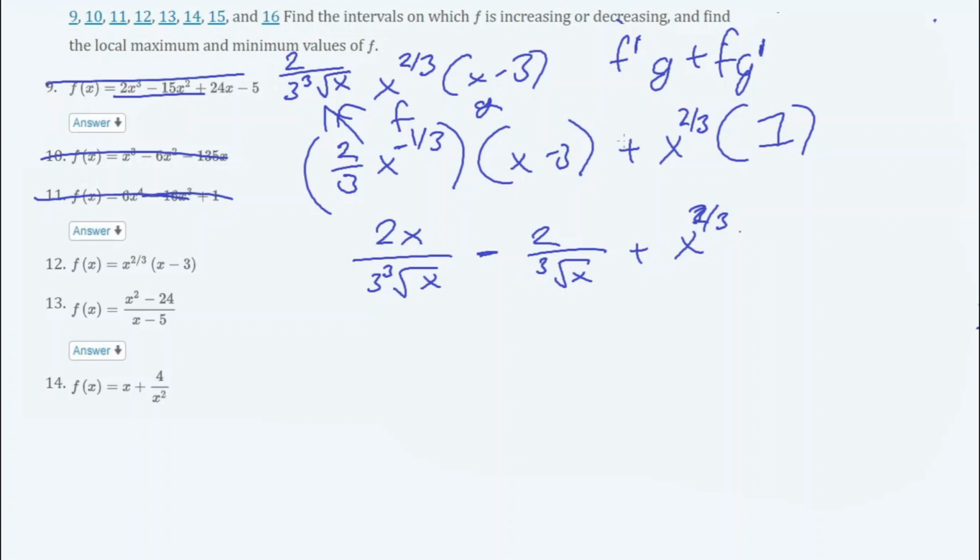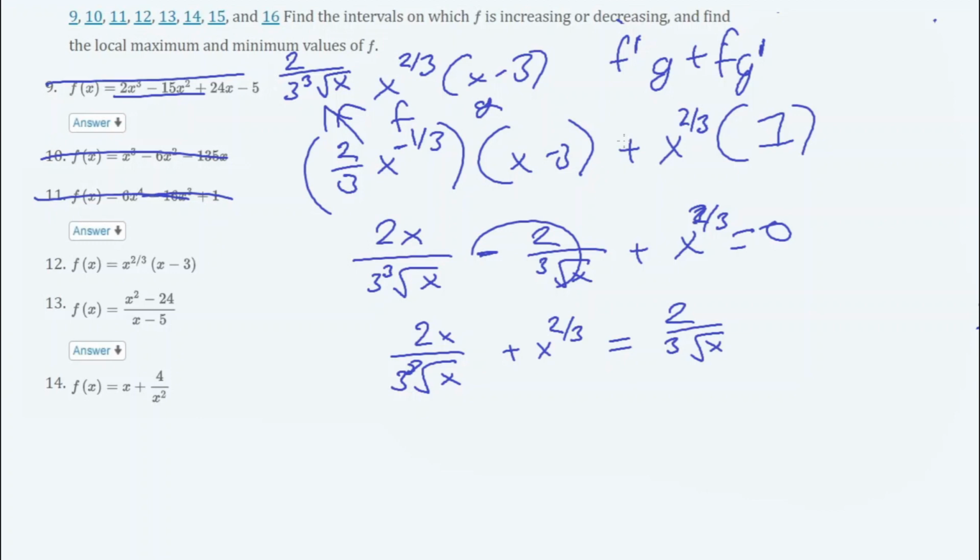So what we should do is move this little thing over here to the right side. So we're going to have 2x over 3 times the cube root of x plus x to the 2/3 power, and then equals 2 over the cube root of x.